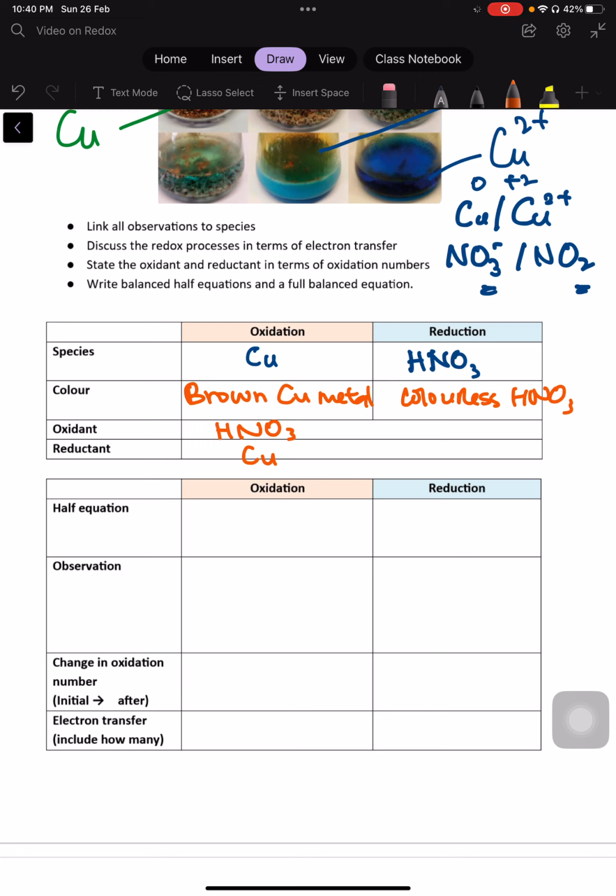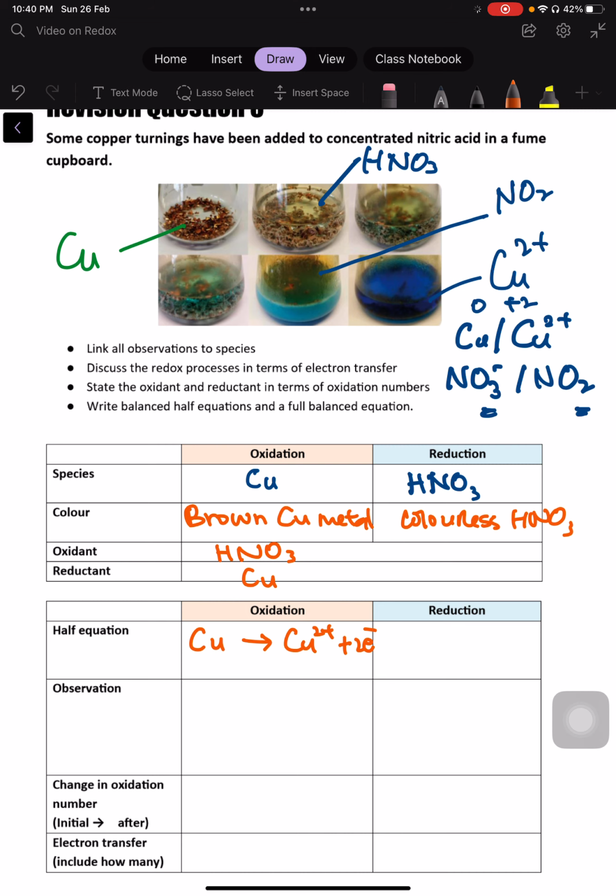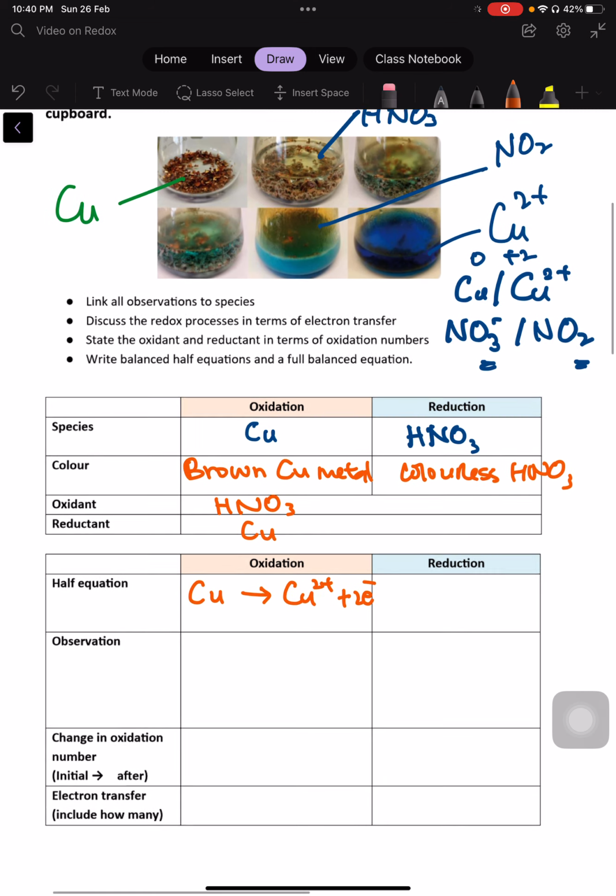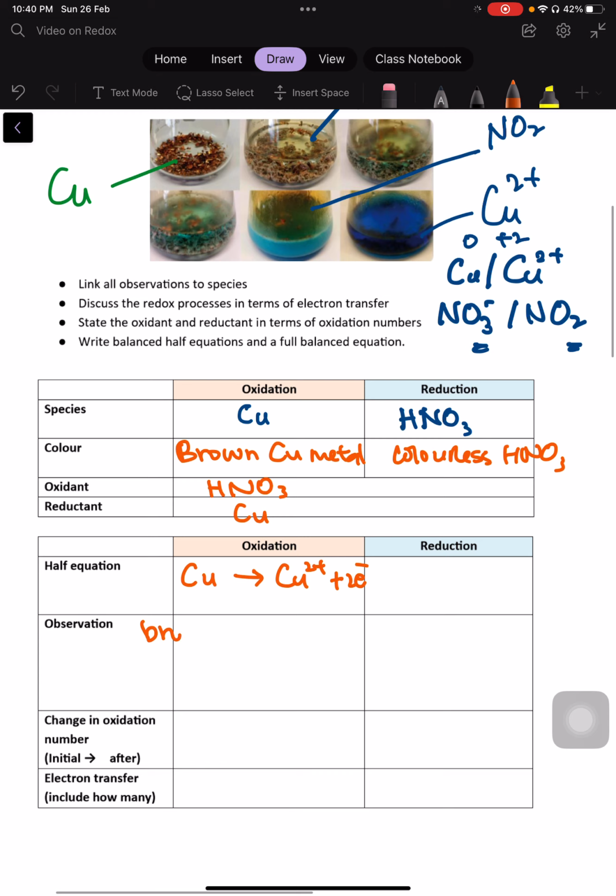So I'm going to start by writing the half equation for copper losing electrons. And we know copper is 2 plus, verified by the observation of blue color. So I'm going to put down brown copper metal and practice using the words oxidize and reduce in the standard.